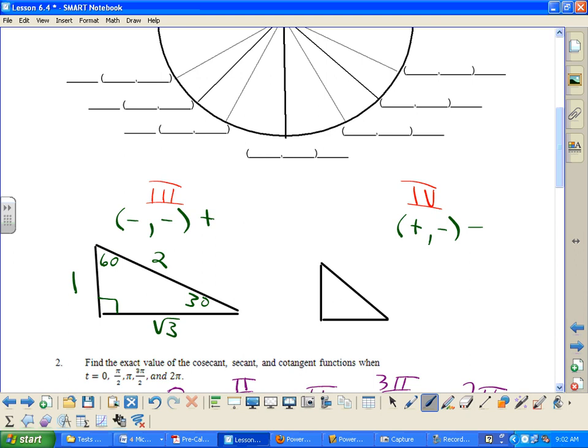Okay, this is the triangle. This will help you if you know this triangle. The 45 degree angle there, then it's 1, 1, and the square root of 2. Because everything on the unit circle uses those two triangles to find the measures, or to find the coordinates. So we actually are going to use them.